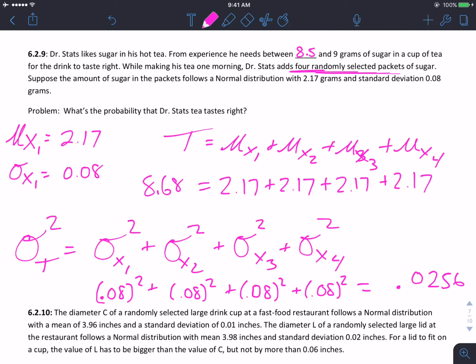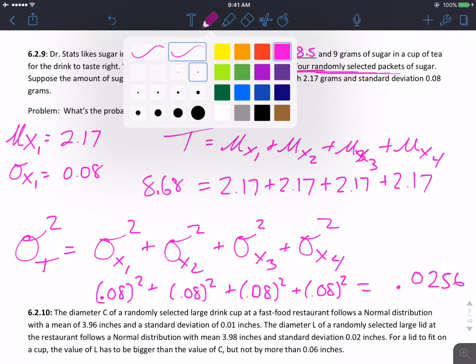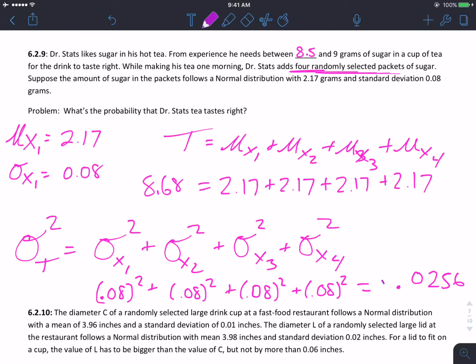So that is our variance. To get the standard deviation, take the square root, and the square root of that is 0.16.